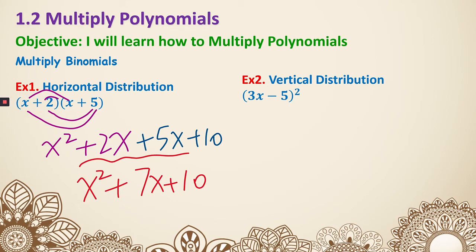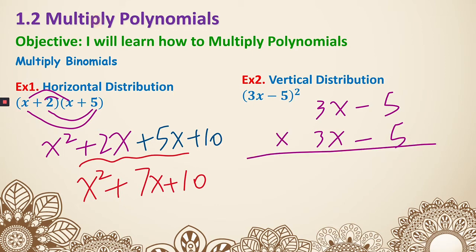Next, vertical distribution. Square just means we multiply it by itself twice. So 3x minus 5, and 3x minus 5. And it's multiplication. This is very similar to when you were learning about multiplication in elementary school. So that negative 5 goes with negative 5, which gives us a positive 25.